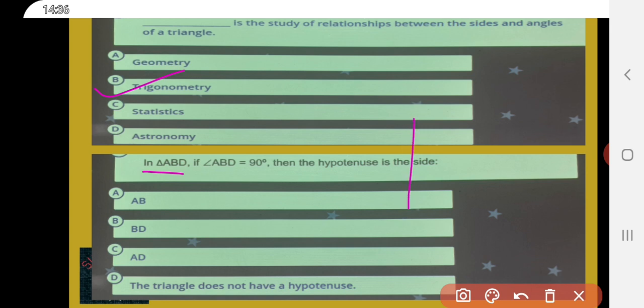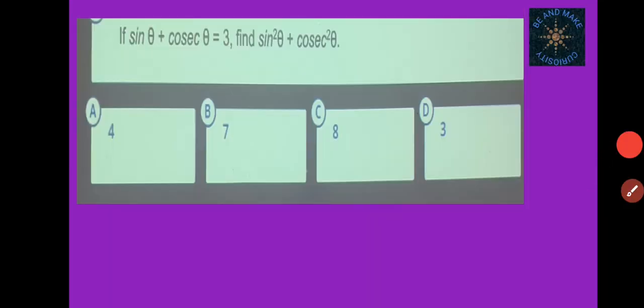See, A, B, D. This is 90 degree, means hypotenuse is your AD. Answer is AD.